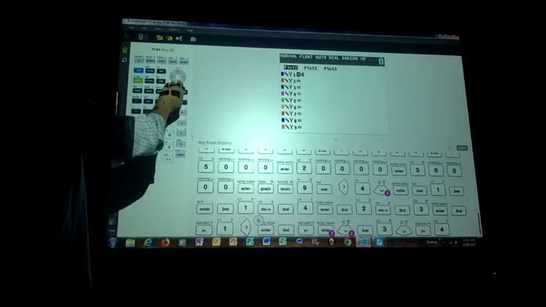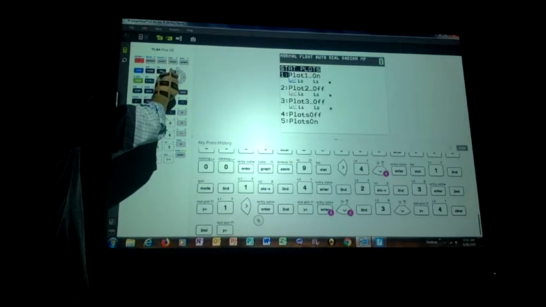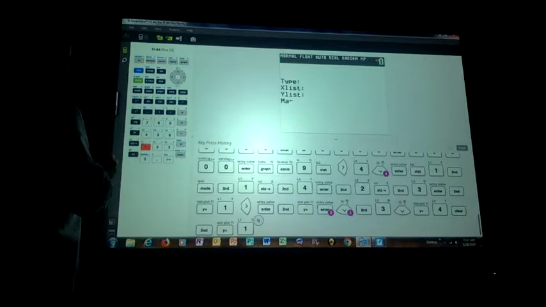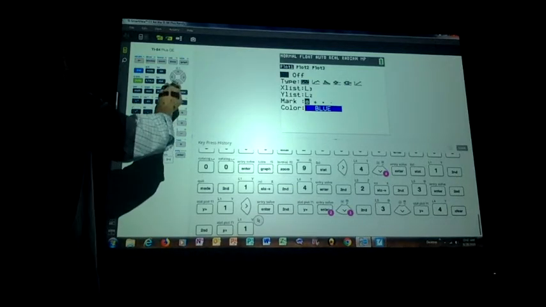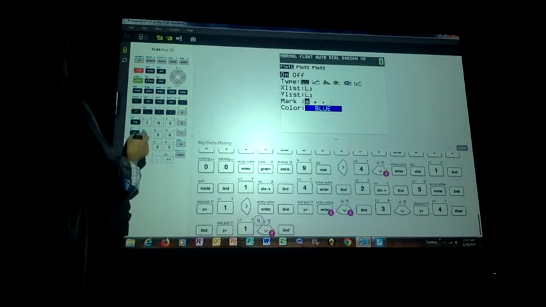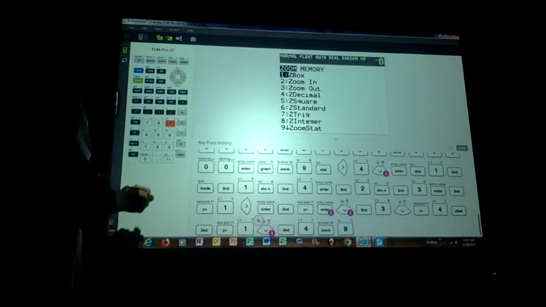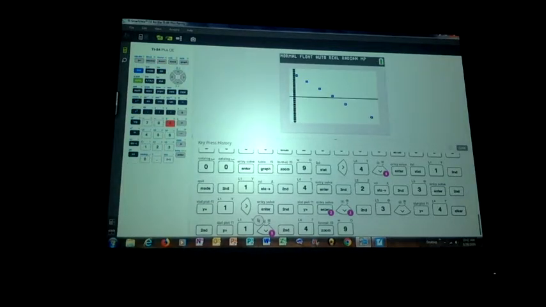There. Stat. L3, and then I need to move down to L4. Zoom 9. There it goes. We have the list flipped over backwards, so rather than resubmit everything in the list, we'll just do it this way.